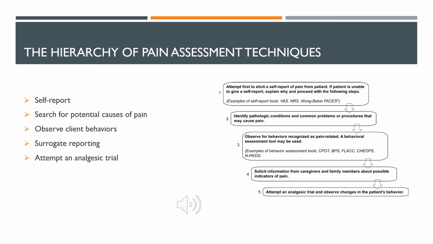What this means is you can use family members, caregivers, someone that knows the client to ask if that patient, that client, loved one is in pain. And then lastly, you can attempt an analgesic trial so that you may give them some Tylenol, you might give them Motrin, you might give them some type of analgesic and see if that changes their behavior and helps relieve their pain.